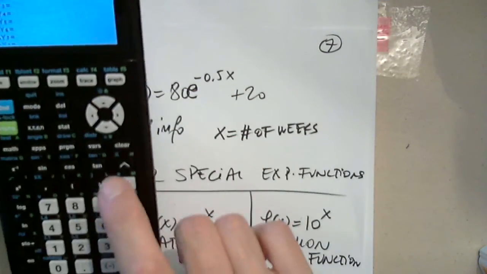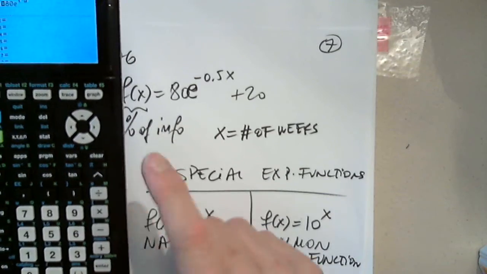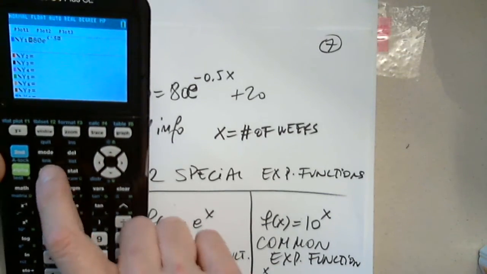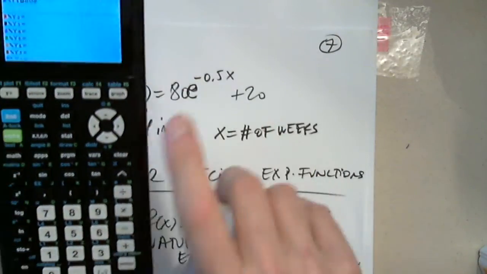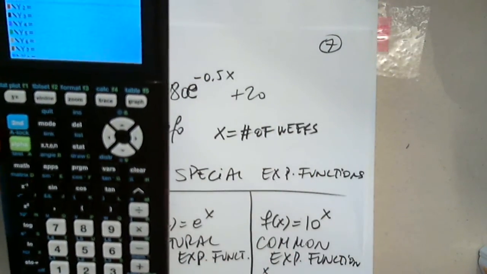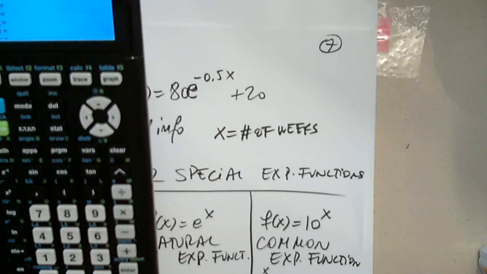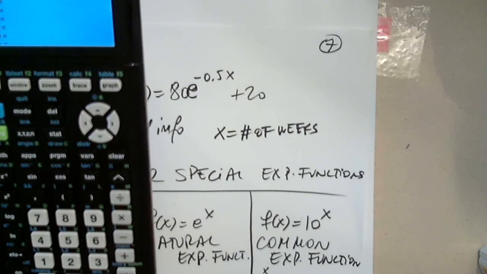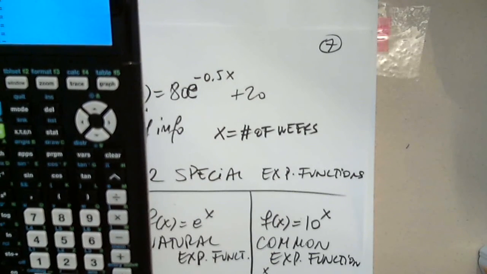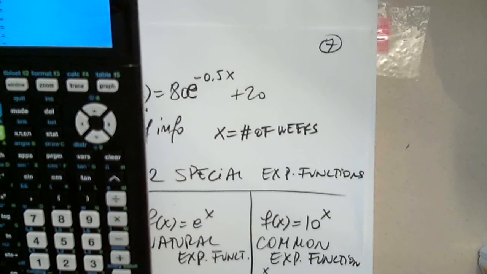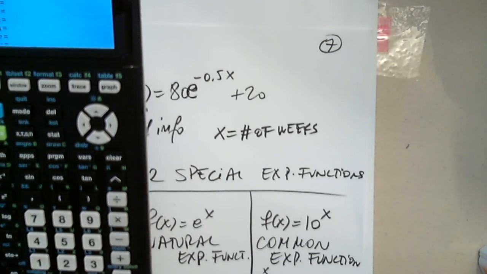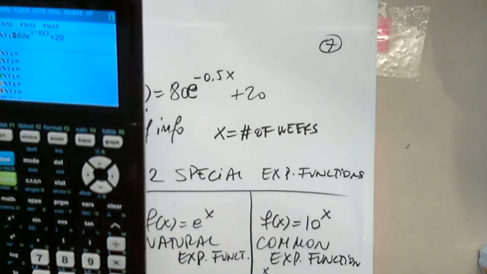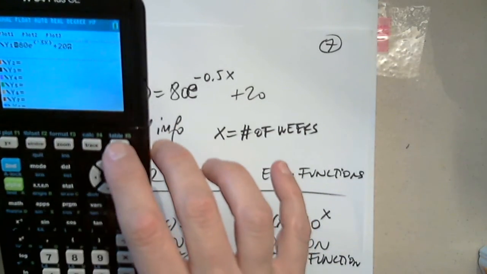I don't know if they are required, but I think it's better if we put 0.5x in parentheses, close the parenthesis, come down and put plus 20. Let me know if we have this. Do we have this? Yes. Perfect.